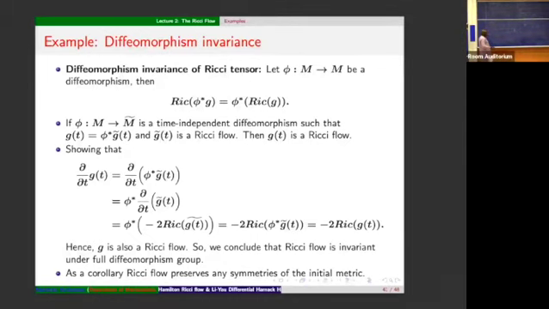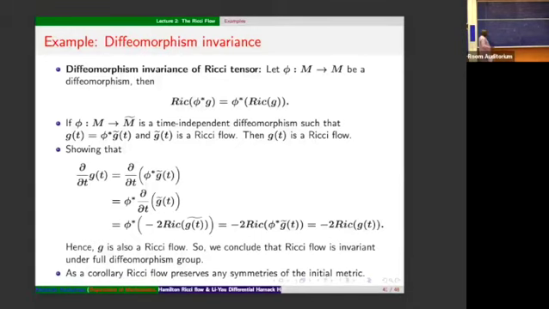This phi_t here is a diffeomorphism generated by a vector field, and this says the Ricci tensor is diffeomorphism invariant. That is what I just explained here.